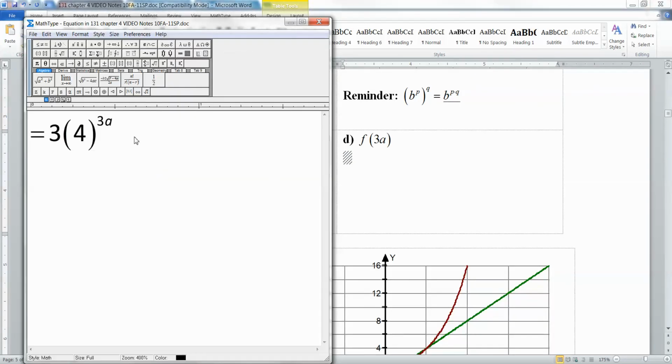So this is going to mean equal to 3 still times 4 to the 3 to the a. I'm going backwards. I had 3 times a, so I put the 3 inside where that p is, and I leave the a outside where that q is, and b is 4 for me. But this is equal to 3 times 64, because 4 to the third is 64, to the a.